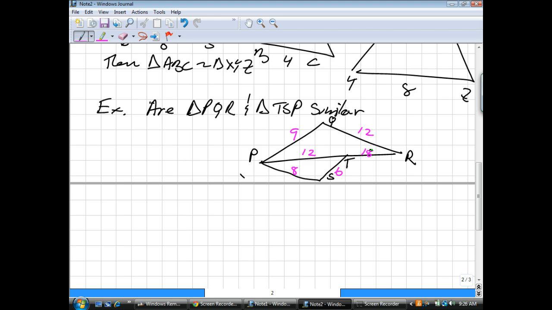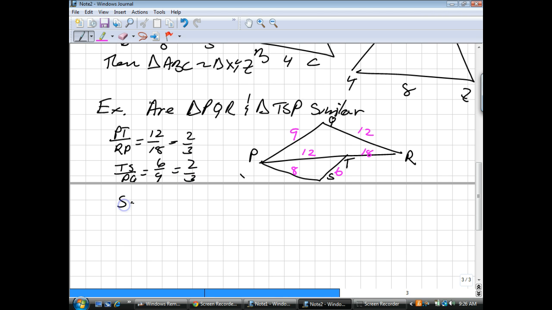Okay, so we know something about all three of the sides of each triangle, so let's compare the proportions or the ratios. So let's compare PT to RP. That's 12 to 18, which is 2 to 3. Then let's compare TS to PQ, which is 6 over 9 or 2 over 3. Then let's compare SP to QR. And remember, you must compare corresponding sides.